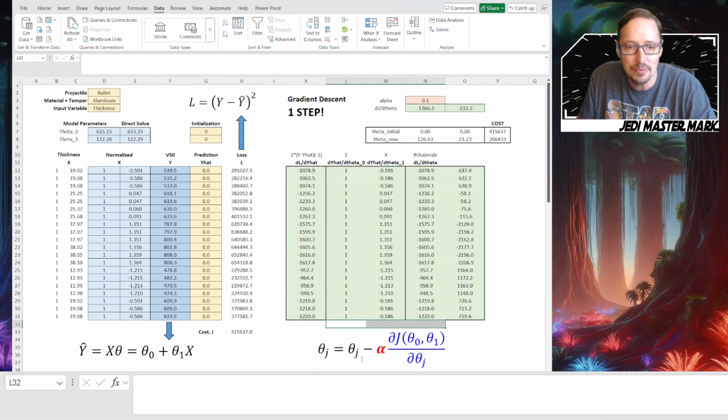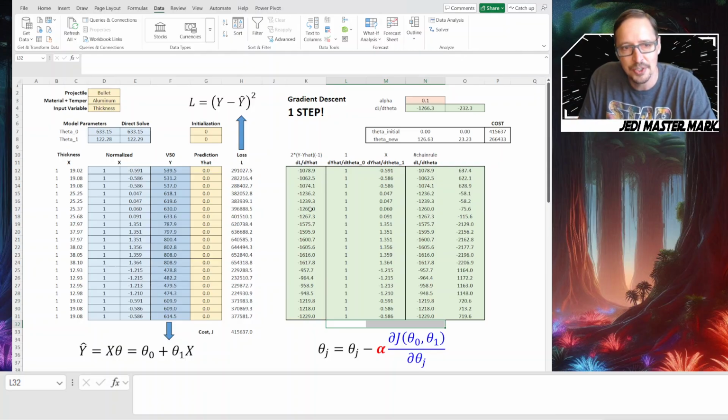You have the initial model parameters, and you're going to subtract alpha times this derivative of the cost function with respect to the model parameters. Now, you don't do this directly. You can separate all the different functions involved with gradient descent or with the prediction, and build up this derivative.